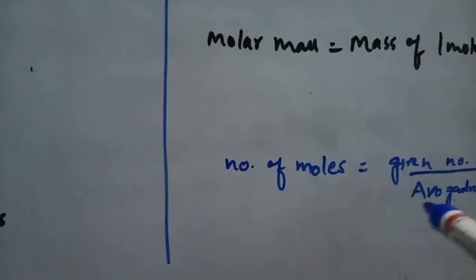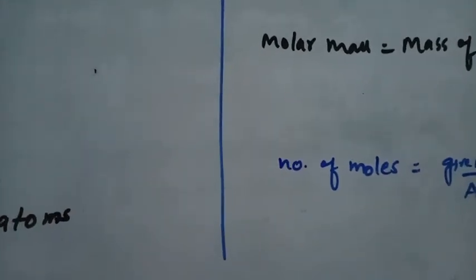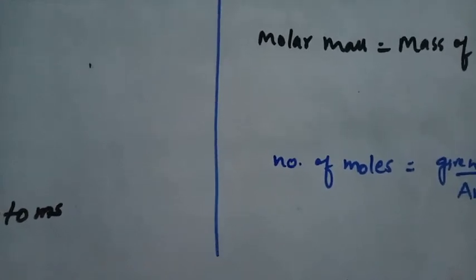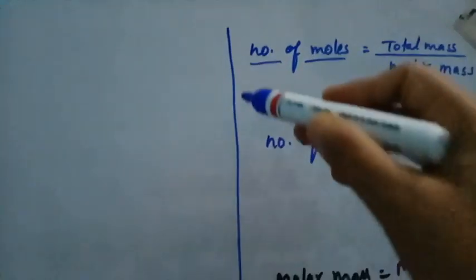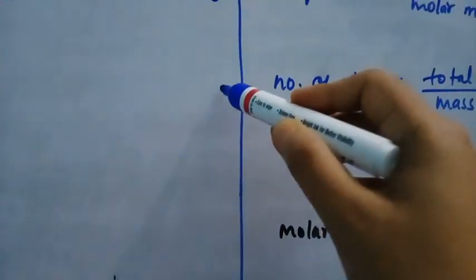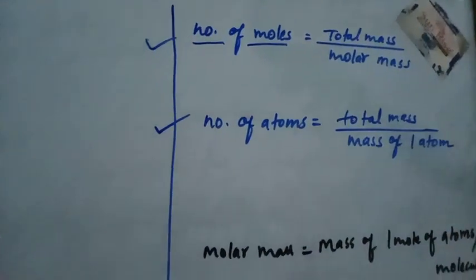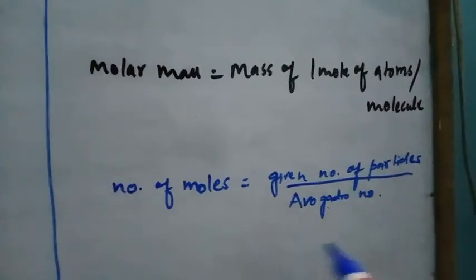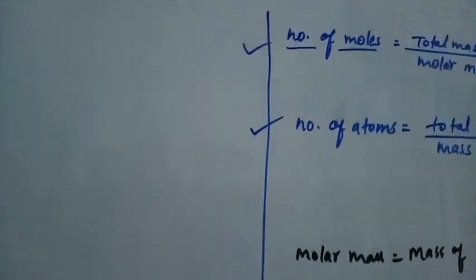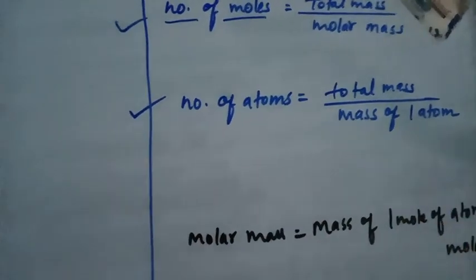By solving this you can get the number of moles of those atoms. So I have given you 3 formulas: for number of moles, total mass by molar mass; one more, number of moles is given number of particles divided by Avogadro number; and number of atoms is equal to total mass by mass of one atom.